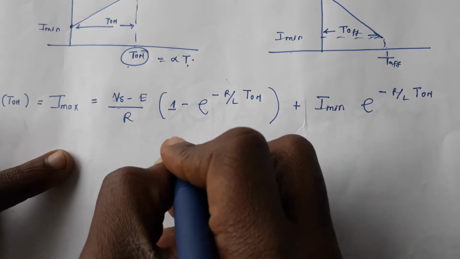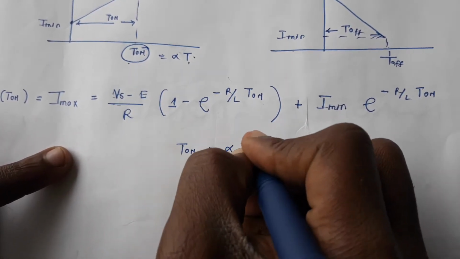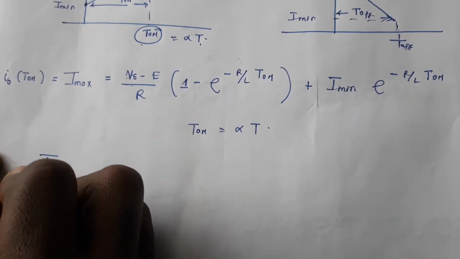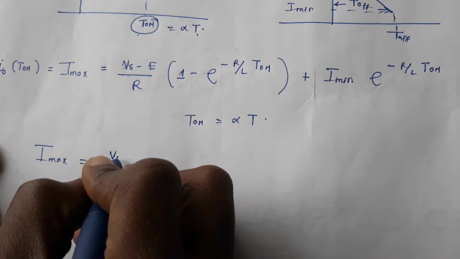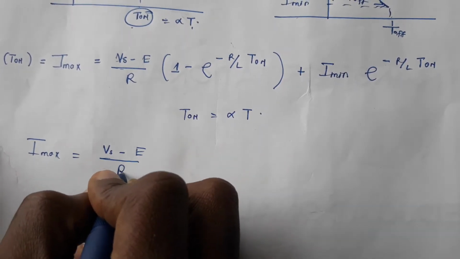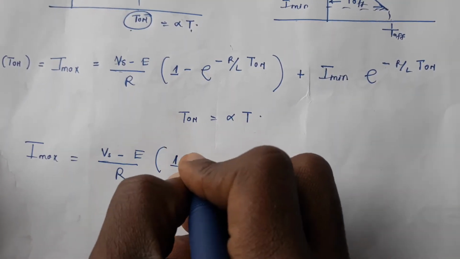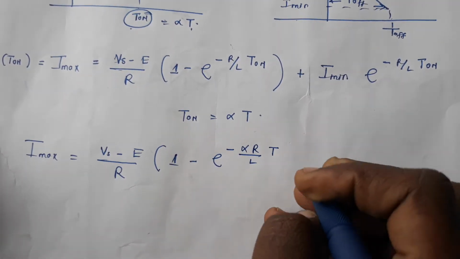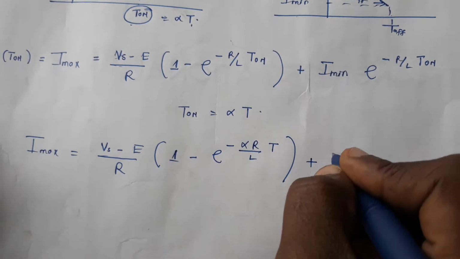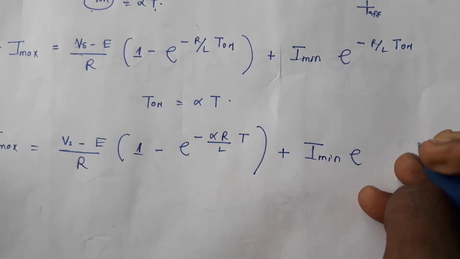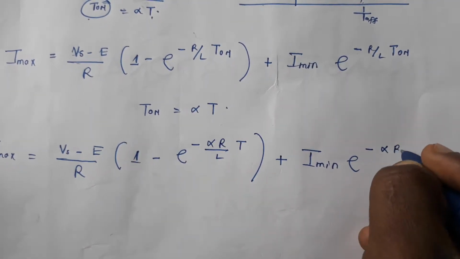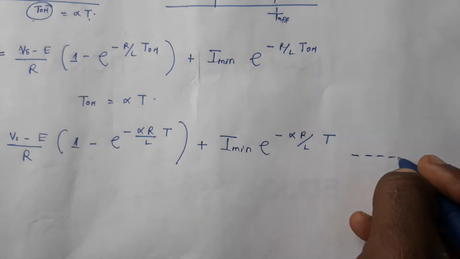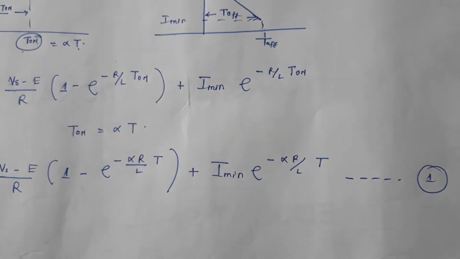T on is nothing but alpha T, so Imax is equal to Vs minus E over R, times 1 minus exponential minus alpha R over L T, plus Imin exponential minus alpha R over L T. I can say this is my equation 1.